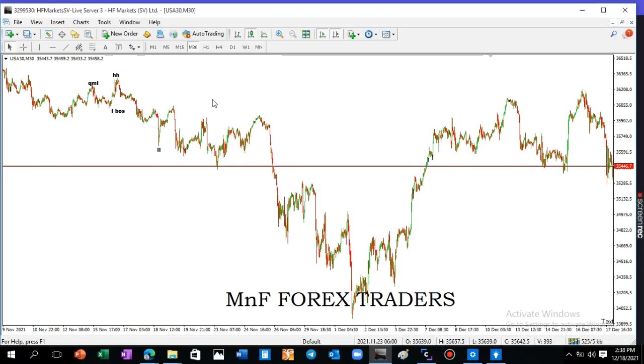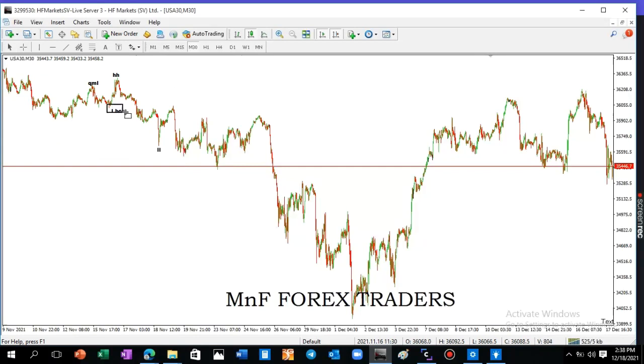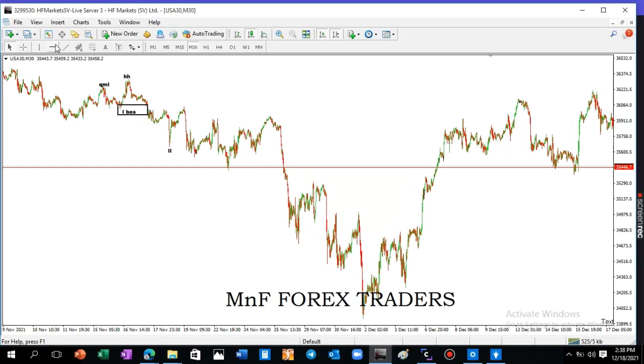After that, let me just insert some of the things that I like to do here. This is my break of structure and my lower low. Then from here, I'll look for levels where the market is actually faking out. There are times where you have a lot of rejections from a lot of places.